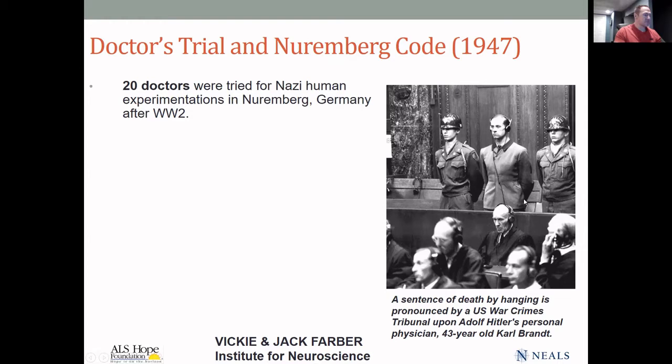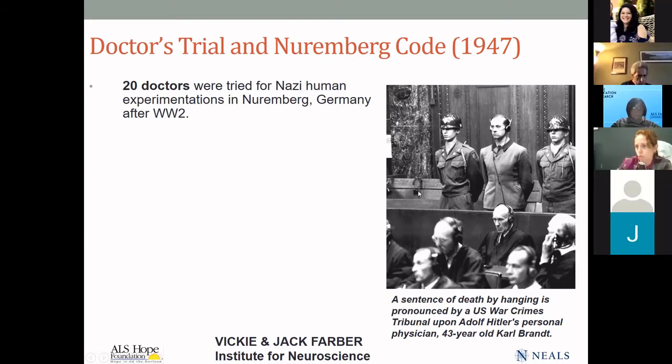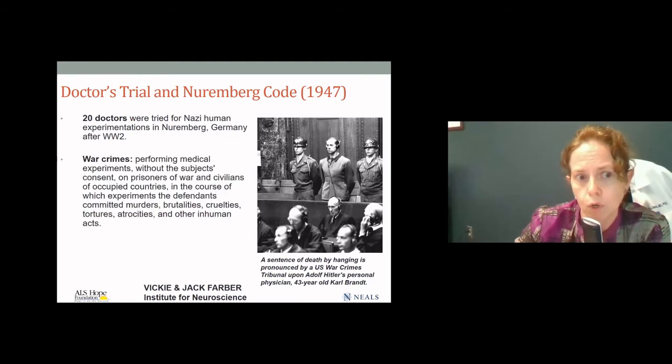One of those doctors is here. His name is Karl Brandt. He happened to be a neurosurgeon by training. It's fairly accepted by historians that without his tacit approval, none of those heinous acts would have happened. He got sentenced by hanging, and that's one of the outcomes of the trial.